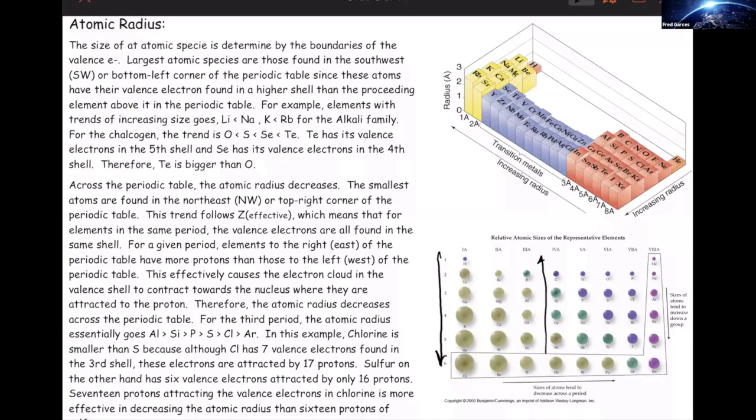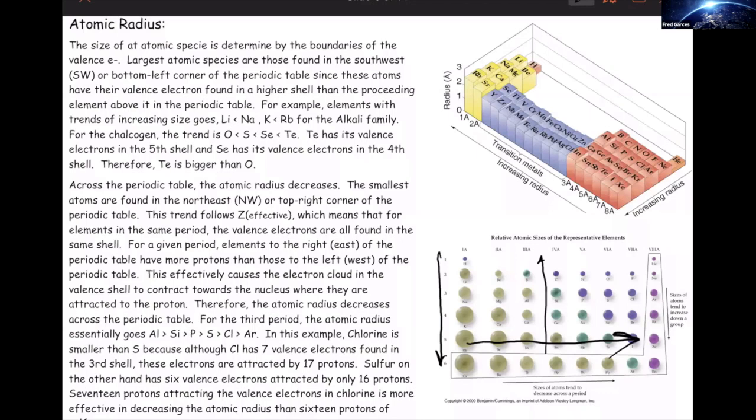What probably is interesting is look across. As you go across, why does the atomic radius decrease? Why is it that the atoms become smaller? You're actually putting in more electrons, but you're putting these more electrons in the same shell.